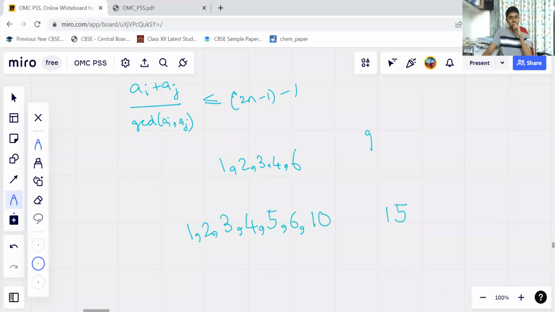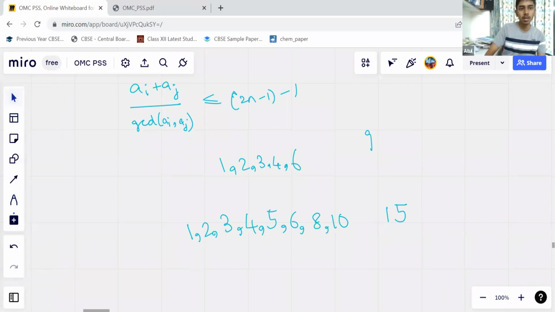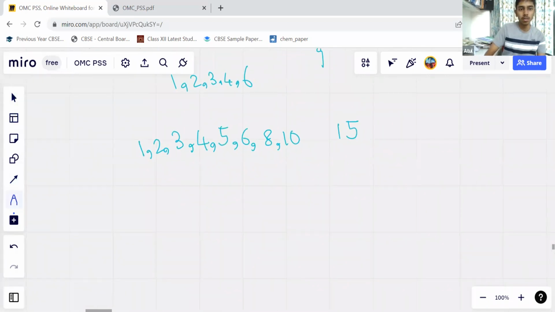But then 10 next. And then 8, 6, 8, 10. That looks valid. Okay, interesting.